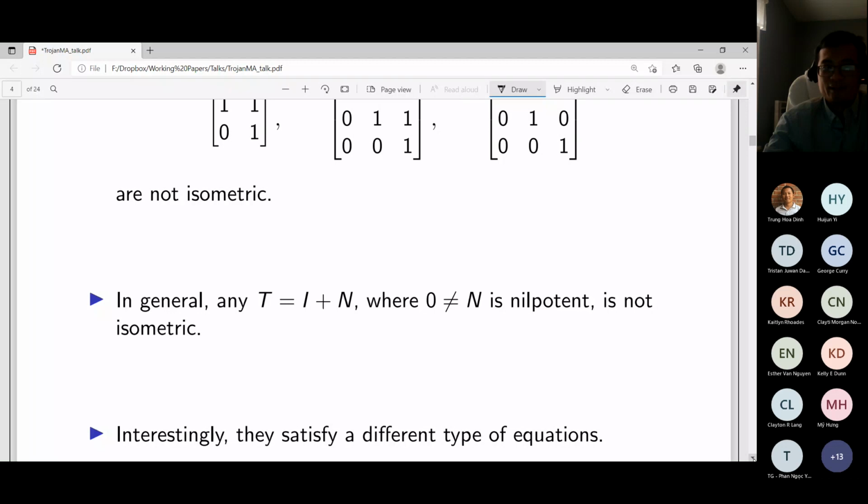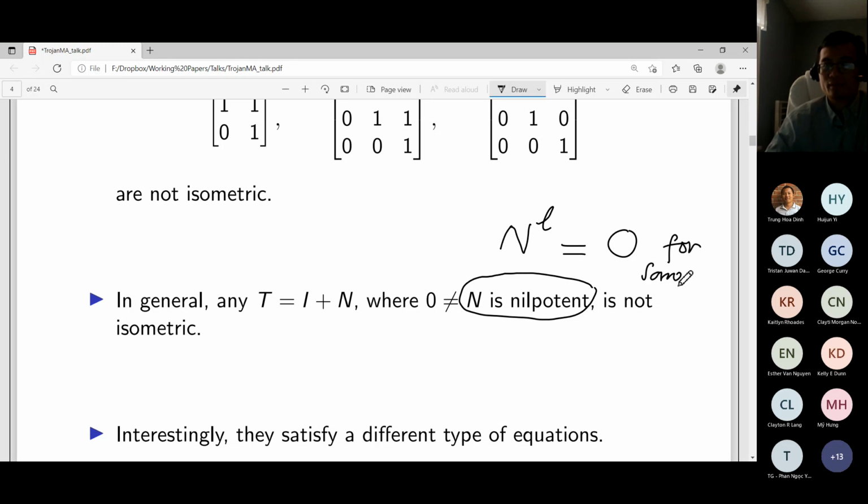In fact, in general, if we have the identity and we add a nilpotent matrix, and we recall that nilpotent means that if we raise it to a certain power, then we get 0, then the resulting matrix usually is not isometric.